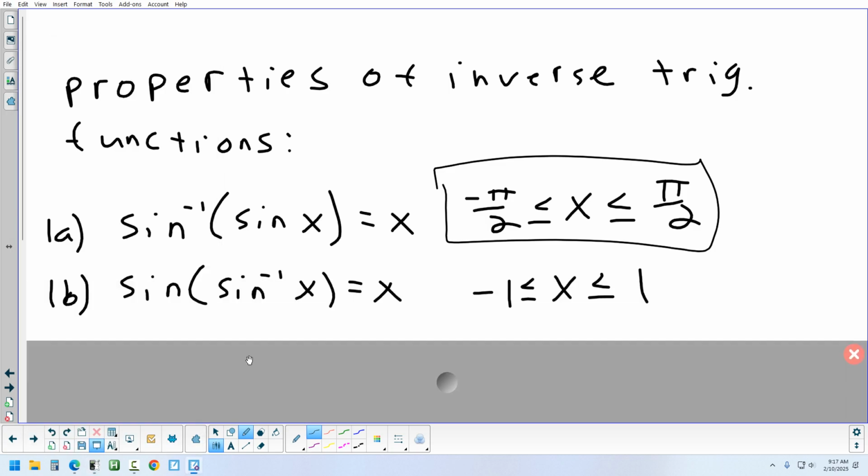All right, let's try this one. It looks almost the same, but what's the difference between Formula 1A and 1B? Yeah. In B, the inverse sine is in the parentheses, and then sine is outside. Yeah, it's an order of operations thing. Okay, which one are you doing first?